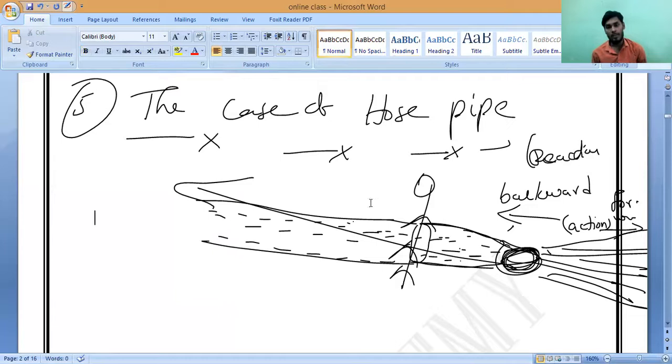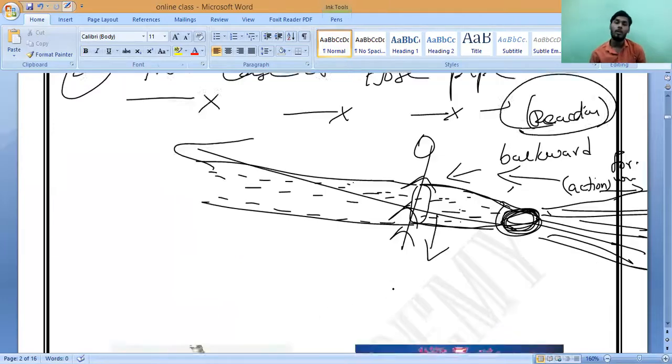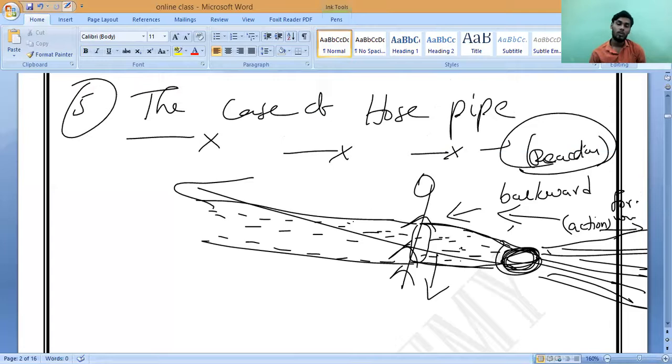The force exerted by the pipe on this water is called action, and the force exerted by the water on this pipe is called reaction. To avoid the backward movement of this hose pipe, the person needs to hold it very, very tightly. That is what you should write. Now write it.